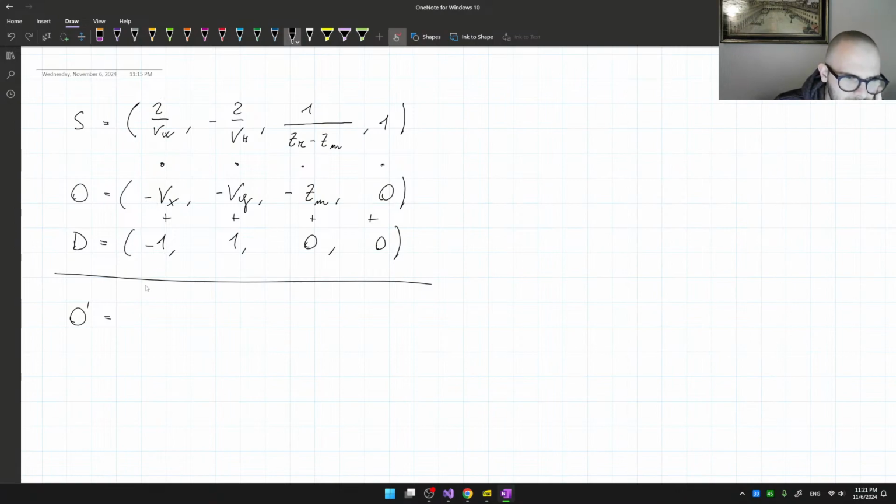So basically the new offset is 2 divided by the view width, times minus view x, so it's minus 2 Vx over view width, minus 1.